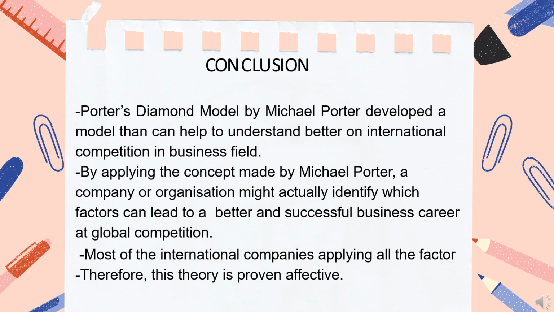This theory can also be said to be decisive for the competitiveness of the industry with respect to foreign countries. All the factors stated by Porter are related to each other and most international companies apply all the factors. In order to be outstanding brands internationally, local businesses can start to apply this theory. Therefore, this theory is proven effective.